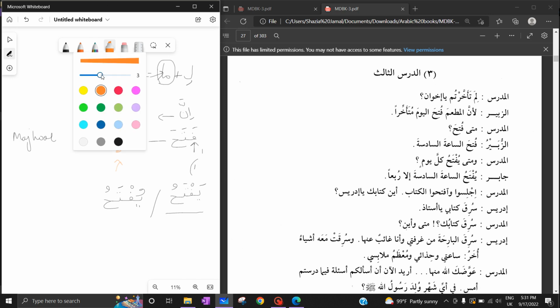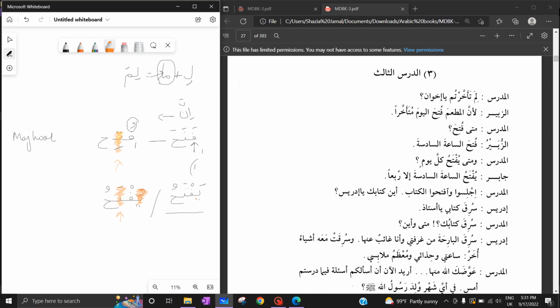The first letter, the harf mudara'a, gets a dhamma. Here it is fatha, but the first letter gets a dhamma. And what is the second last letter? The ta gets a fatha.